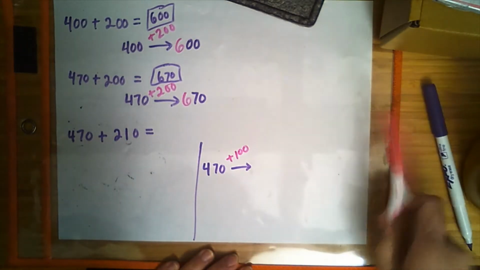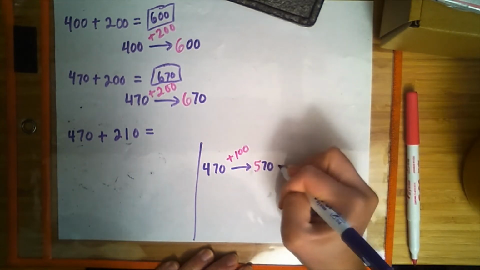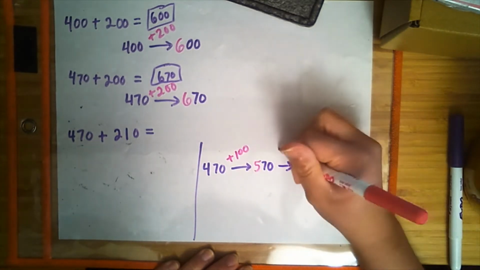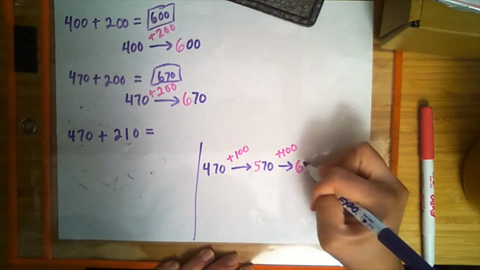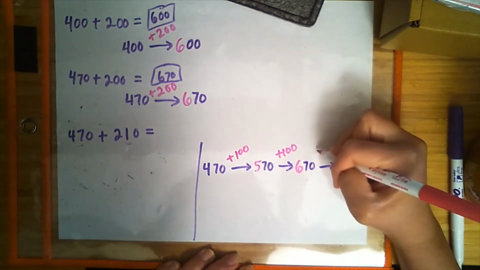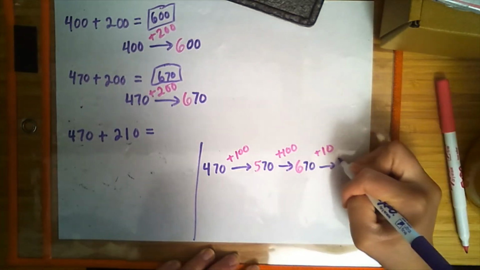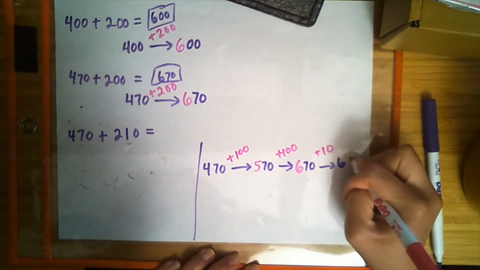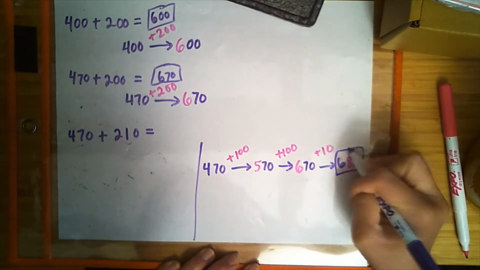That means my number will change from 470 to 570. Then I'm going to add 100 again so that my number is 670. Then I'm going to add 10 more so that my number is 680. My solution then is 680.